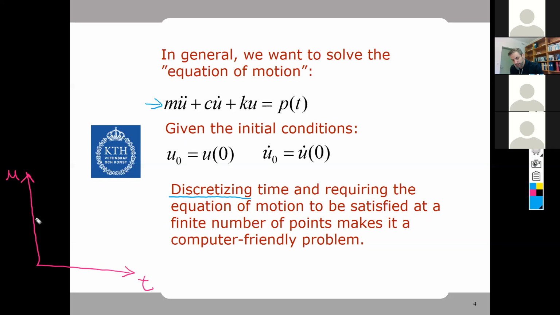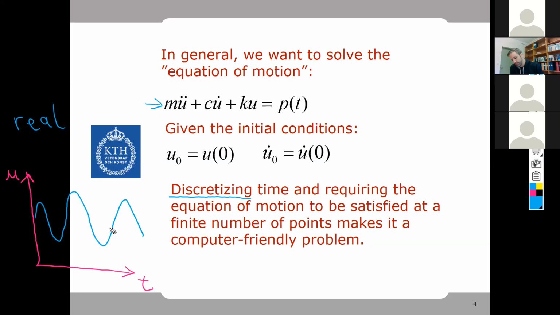And we could imagine that the real response of the structure would be something like this. I'm just making it up now. This is the real response. But of course, this involves infinite points all through this curve.